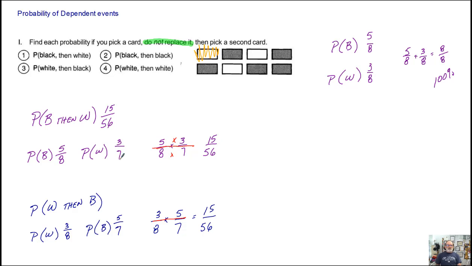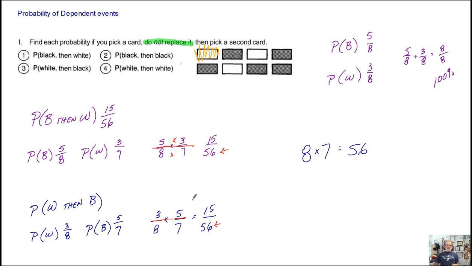And when you next draw your card, there are 7. Like our spinners had 5 and 3. Our cards, the first choice has 8. When you make your second choice, there are 7. That's where we get the number of possibilities, the 56 that we see on each of these.